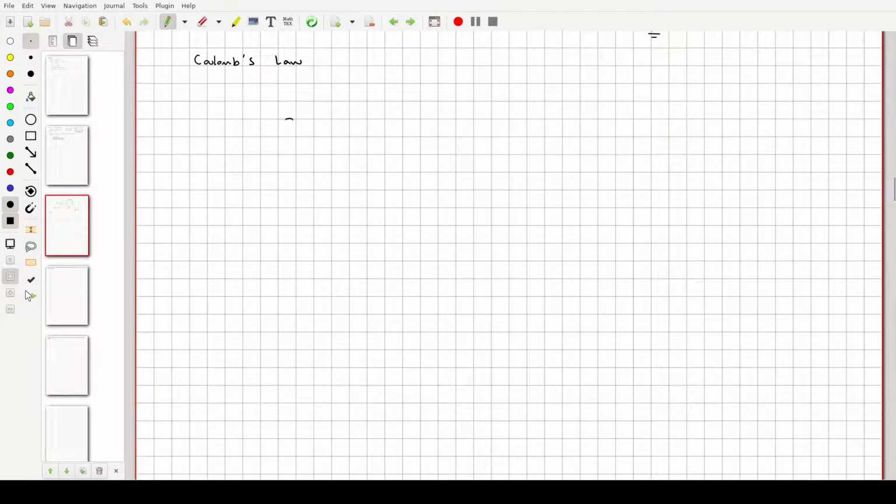So I want you to imagine two things that have charge. So maybe here are two metal spheres. This has charge of Q1. This has charge of Q2. And they're separated by a distance of r, like this.